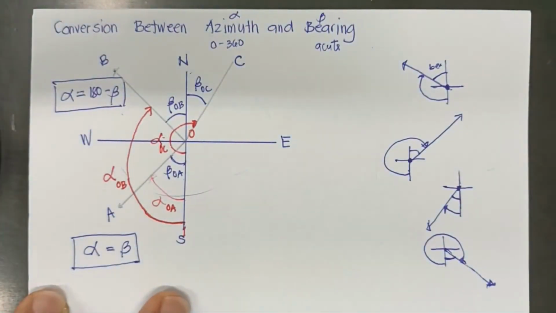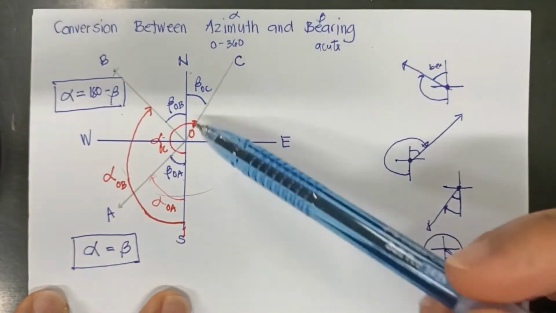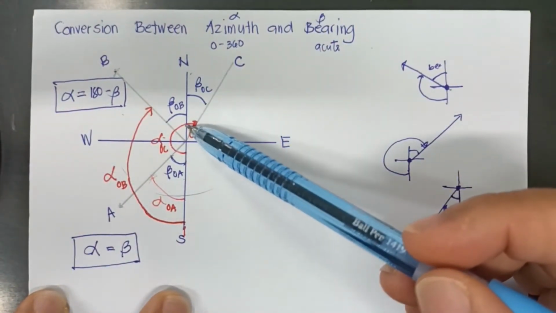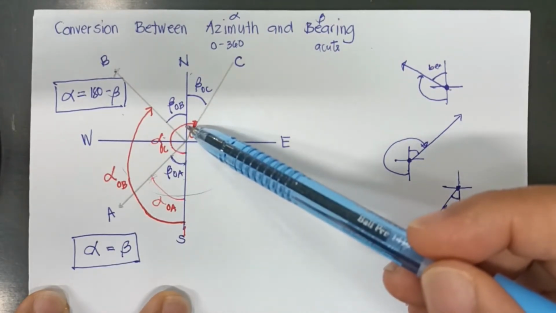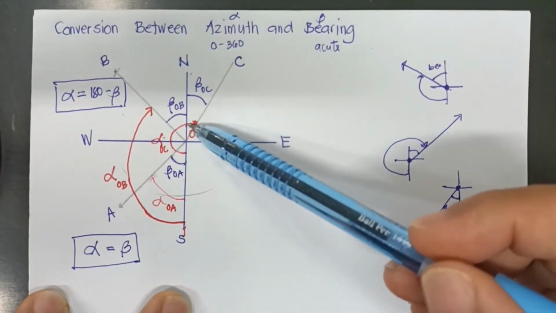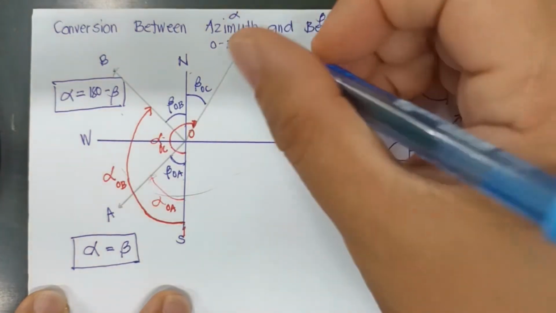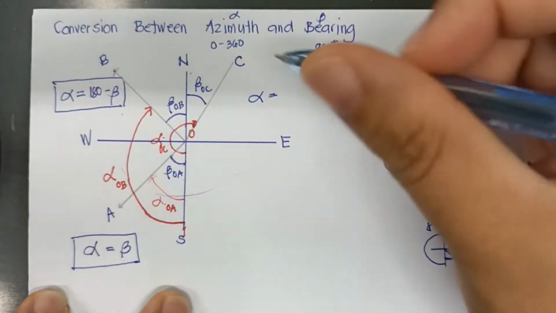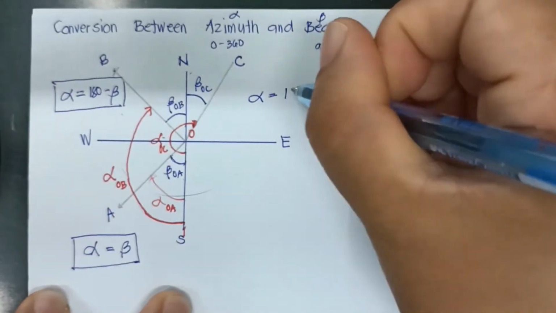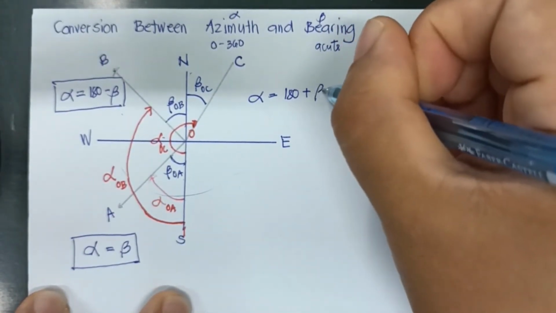So how do we convert bearing and azimuth? If you look at this, from here to here is 180 degrees, and this small amount is actually the bearing. In other words, the azimuth is equal to 180 degrees plus the bearing.